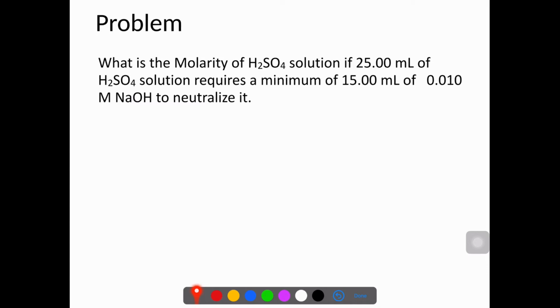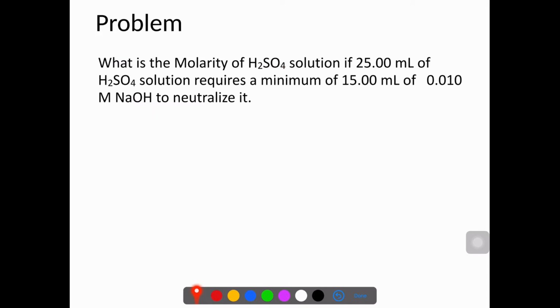Remember, M1V1 equals M2V2 is a dilution equation. There's no reaction going on there. You're not just diluting sulfuric acid here. It's a reaction. And when you have a reaction, you have to use the stoichiometry. You have to use the molar ratios in which sodium hydroxide and sulfuric acid react.